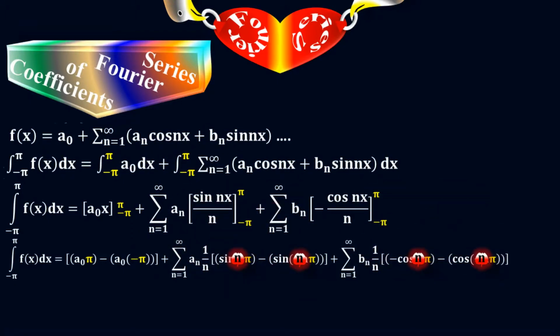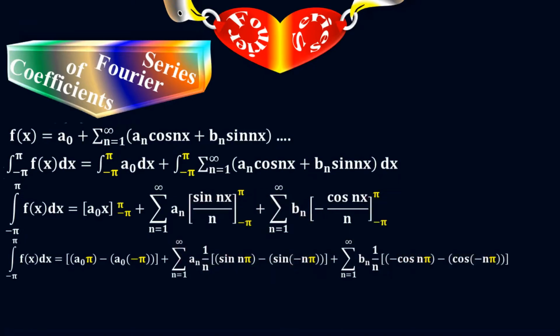If you reflect back to the prerequisite lecture, I mentioned that sin n pi equals 0, but cos n pi equals minus 1 to the power n. If the power is odd, cos n pi equals minus 1. But if the power is even, cos n pi equals plus 1. But here in this case I have minus cos n pi minus cos minus n pi, so whether the power n is even or odd, it still equals 0 in this case.